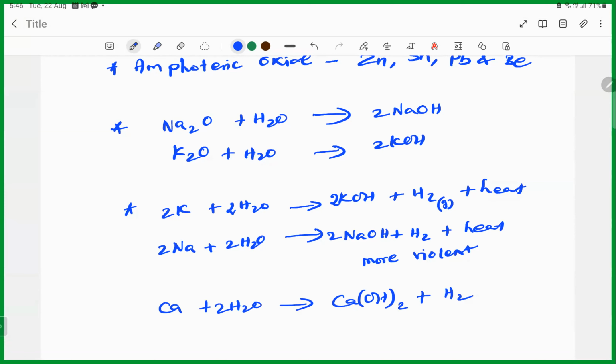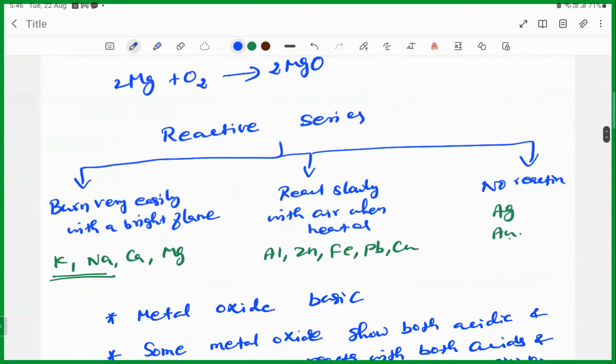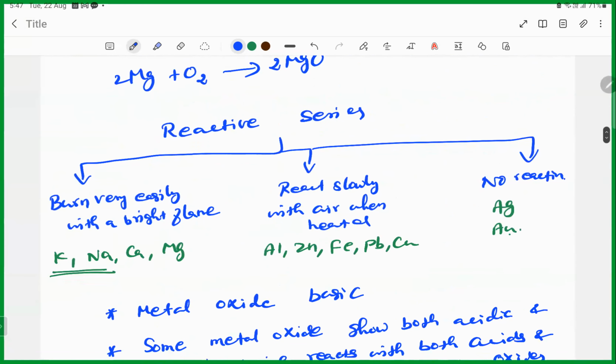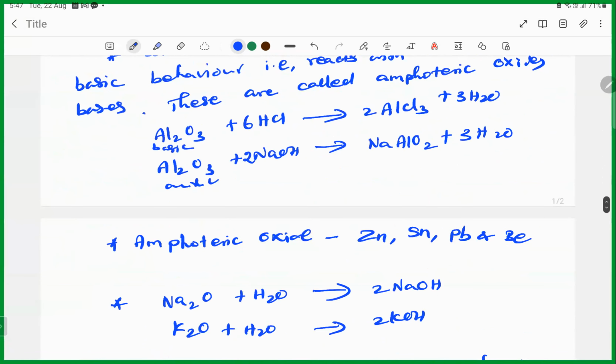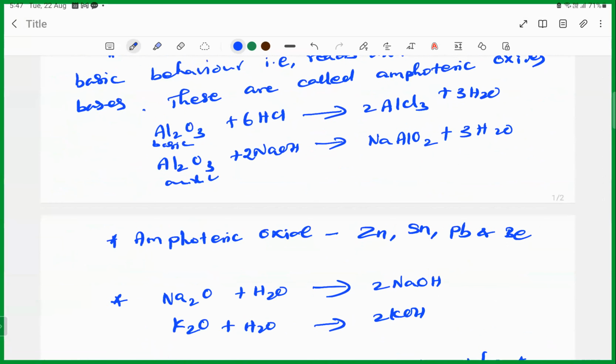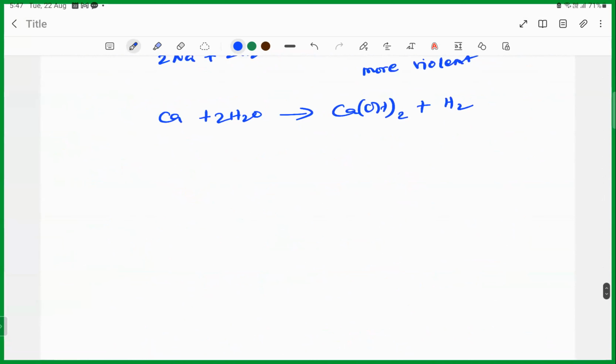So the other metals, look, aluminum, zinc, iron, lead, copper. When an acid reacts with a metal, it forms salt and hydrogen is produced. For example, when a metal like copper reacts with H2SO4, it will form copper sulfate plus H2. So the salt produced depends upon the acid and metal reacting.